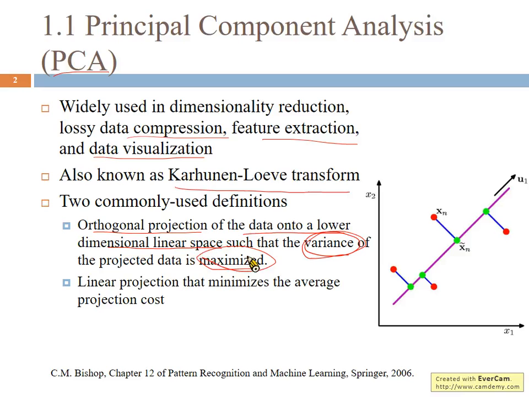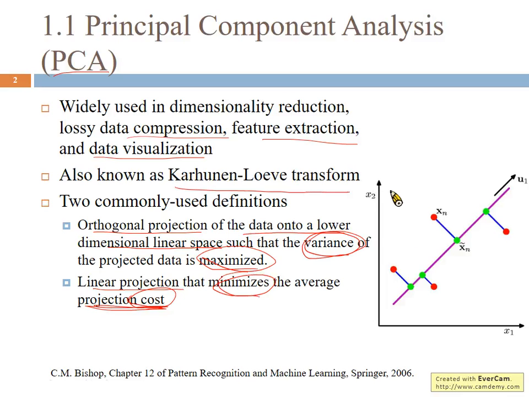So the first viewpoint is called the maximized variance viewpoint. The second viewpoint is we want to find a linear projection that minimizes the average projection cost. Okay, minimize the projection cost. Both of these two viewpoints can derive the same mathematical definition of PCA.